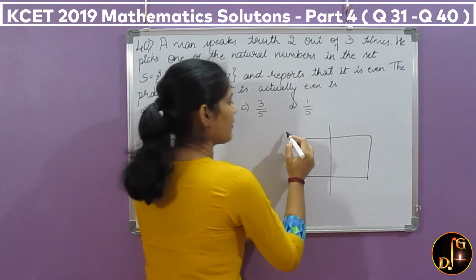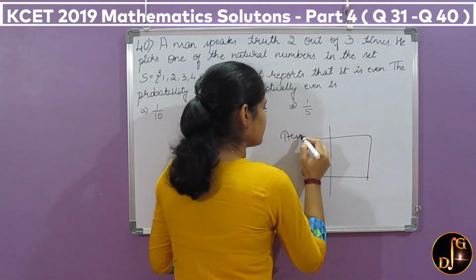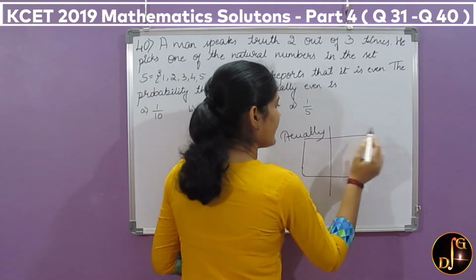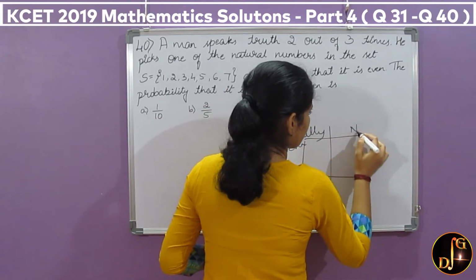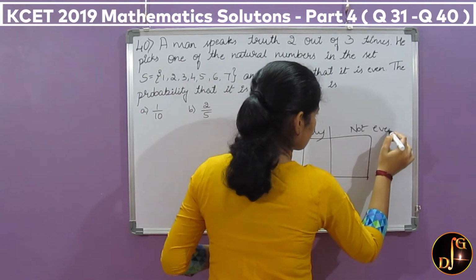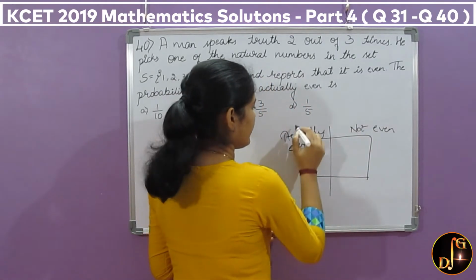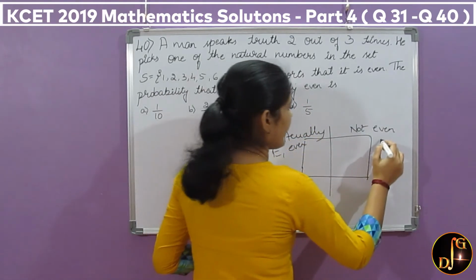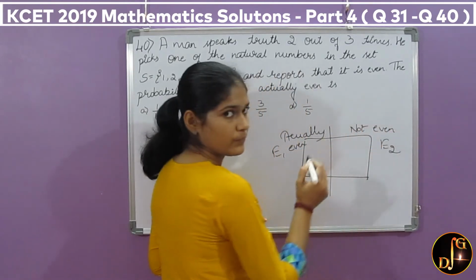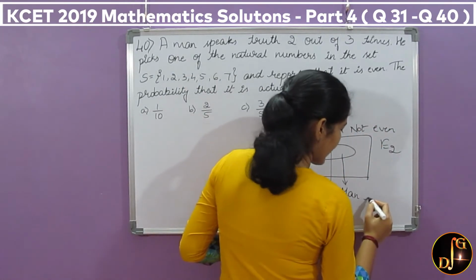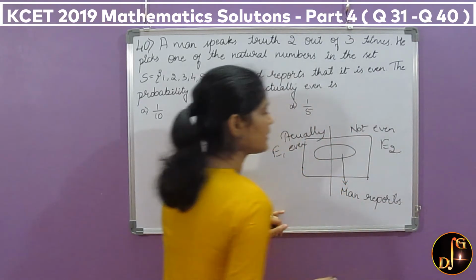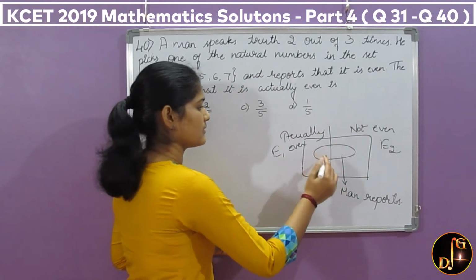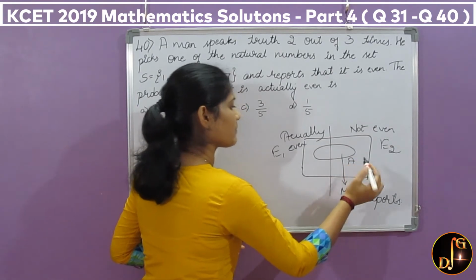This is the part where it is actually even and this is where it is not even. Then let this be E1 and this be E2. This is the position, that is, the man reports E1. Then let this be A.